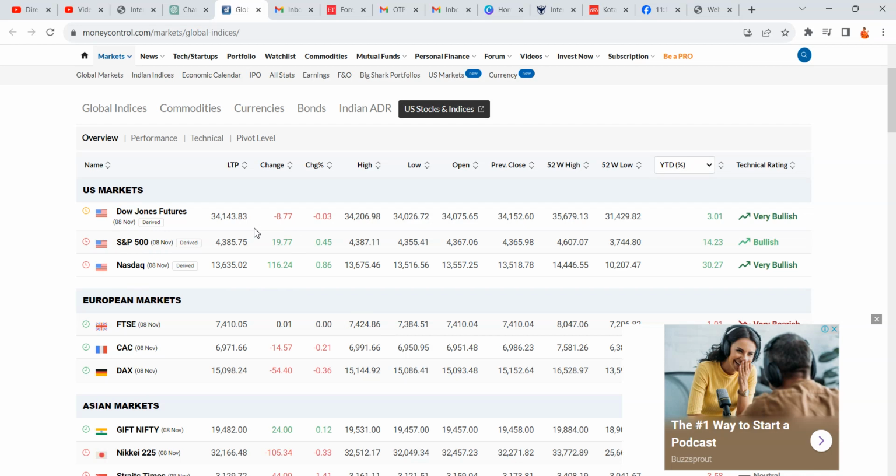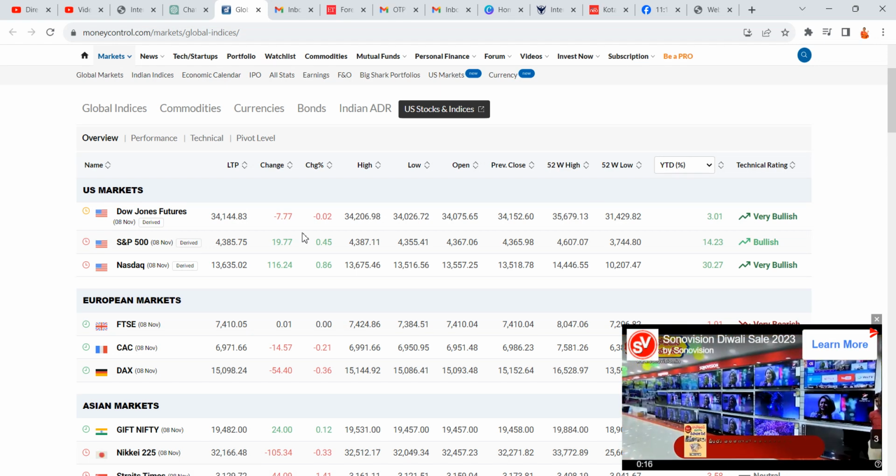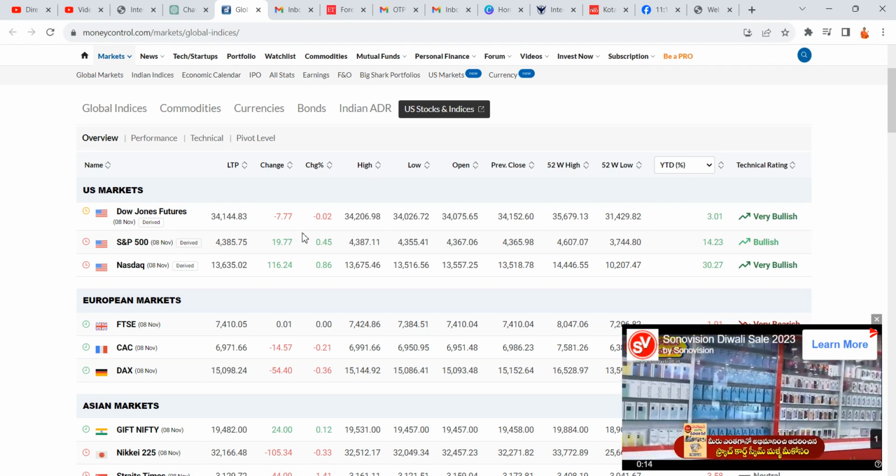If these US markets are showing deep green, that is a good indication for the Indian markets. If it is deep red, that's a bad indication for the Indian market.